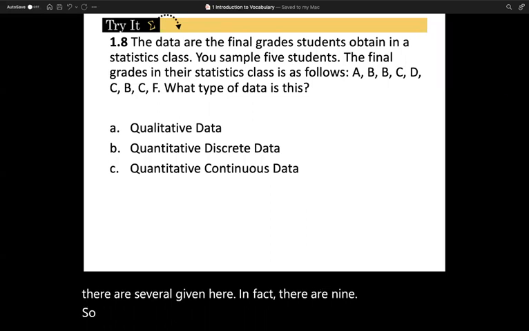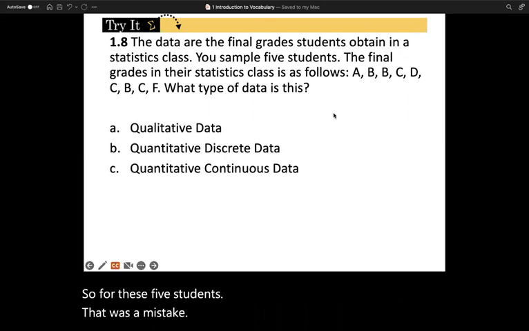So for these 5 students, that was a mistake. This should actually say 9 students. Let's just fix that.